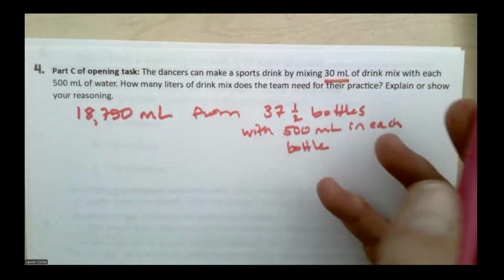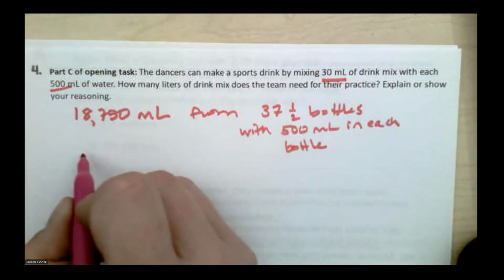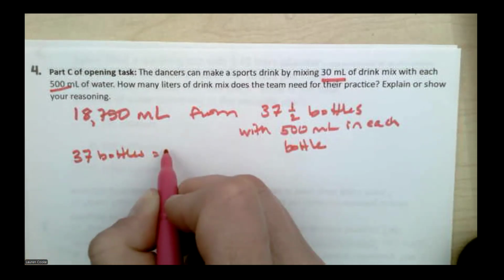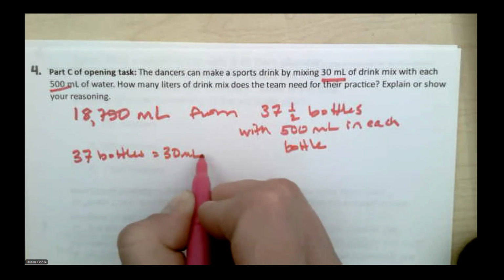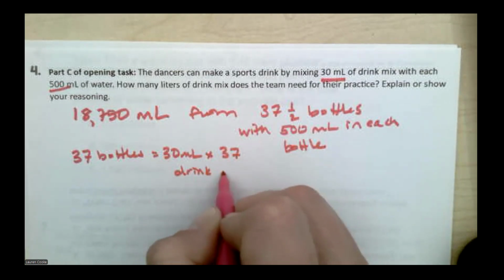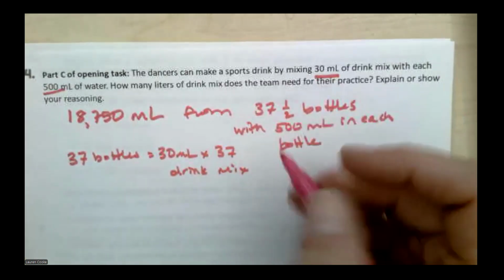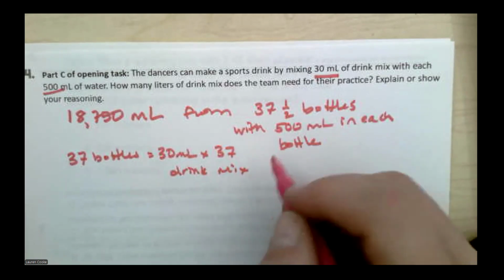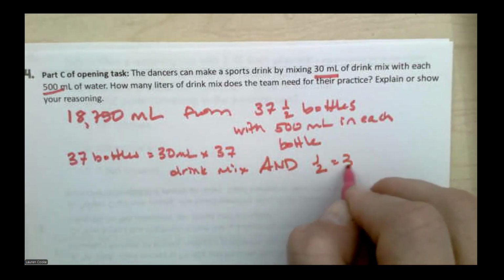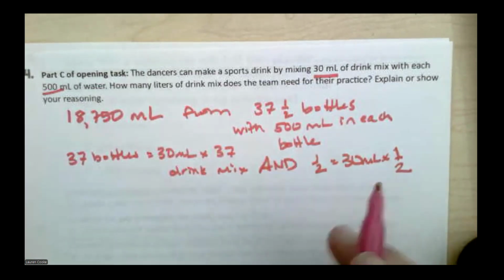So now I know that for every 500 milliliters, that means for every bottle, 37 bottles equals 30 milliliters times 37 of the drink mix. Okay. And then I'm going to deal with the half in a second. And 1/2 equals 30 milliliters times 1/2 for the drink mix.